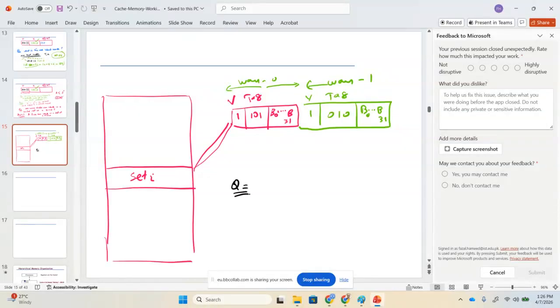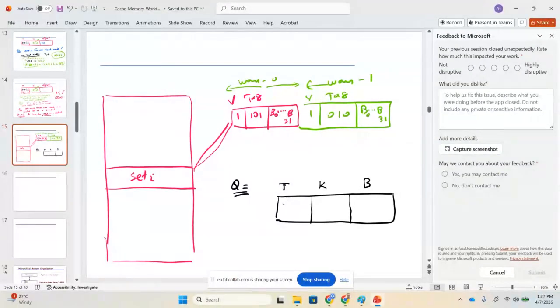If this is the main memory block address, which is divided into 3 fields, namely the tag field, the index field, and the block offset field.